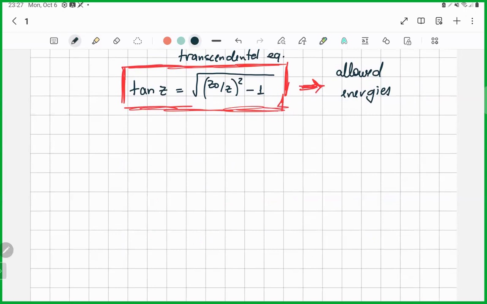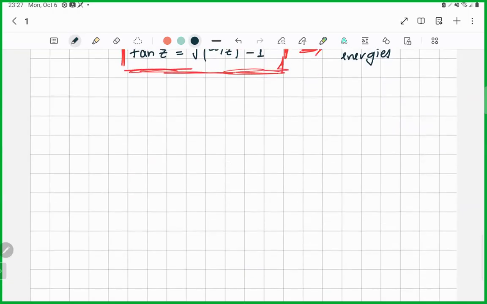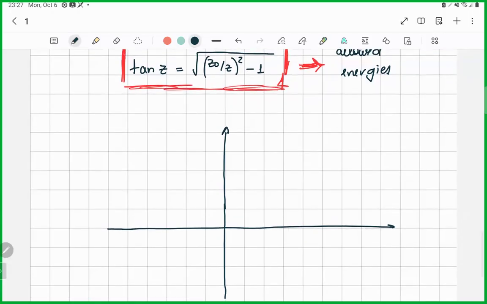These are the solutions. So what I'm going to start doing here is first get some space here. I'm going to try to make plots of those two parts, the left side of the equation and the right side of the equation, to try to see where they cross.